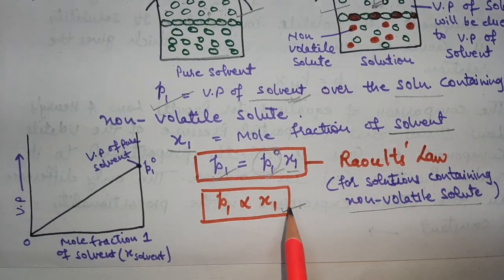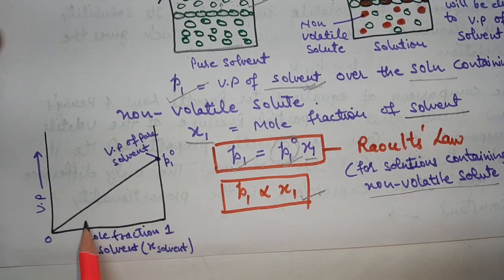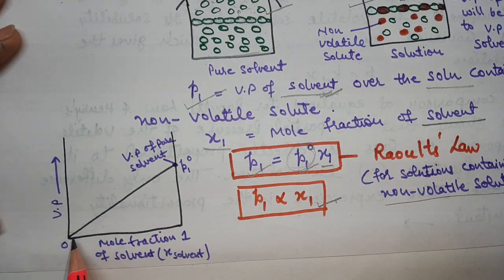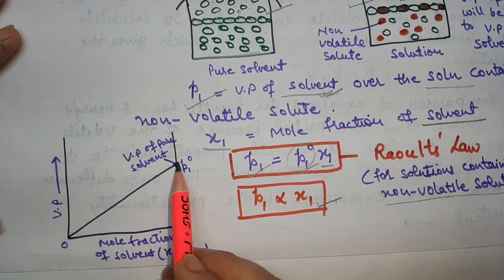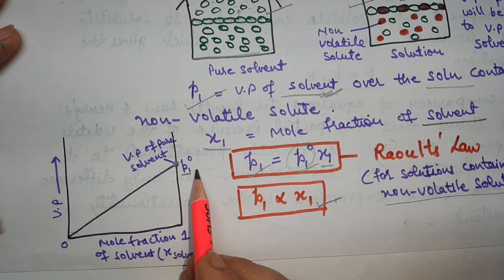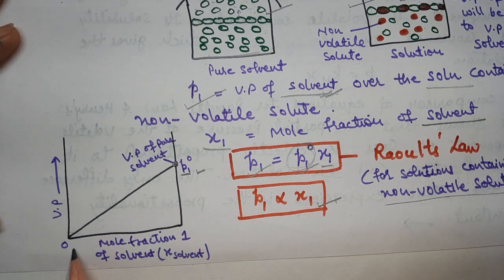Diagrammatically this can be represented like this. Suppose this is the vapor pressure of the pure solvent.